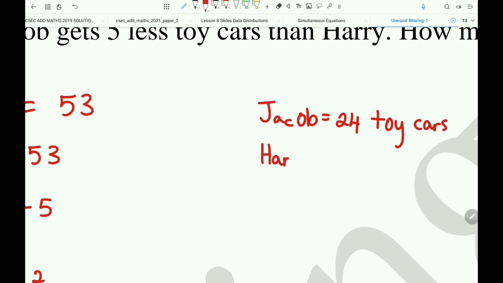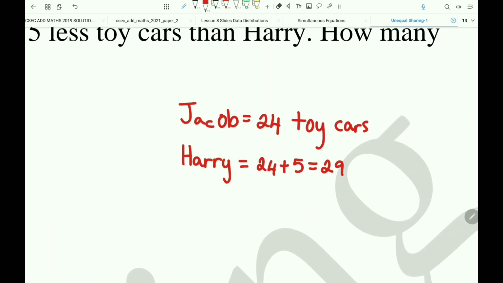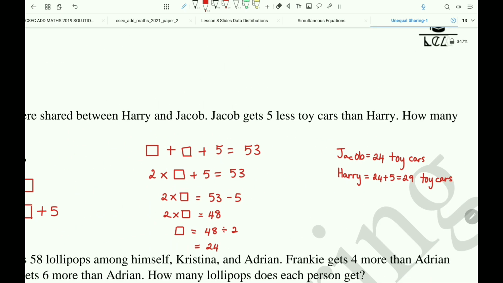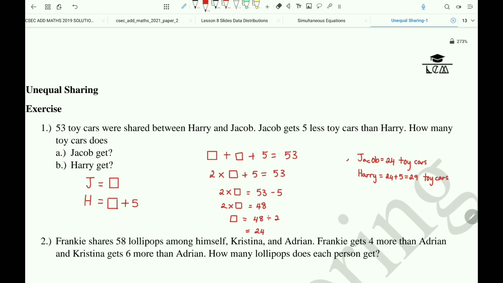And Harry now, we can figure out because Harry is box plus 5, right? Just 24 plus 5, and that's 29 toy cars. And that is your answer for parts A and B of question 1.